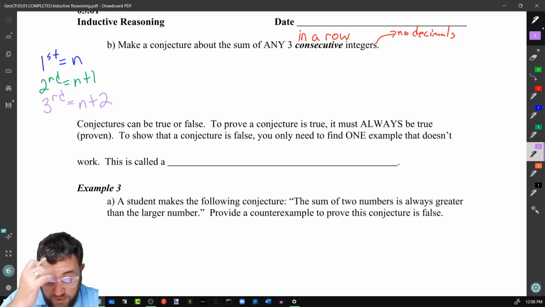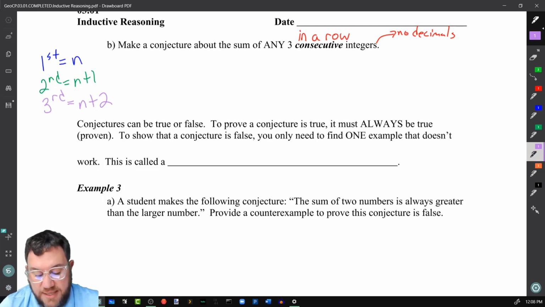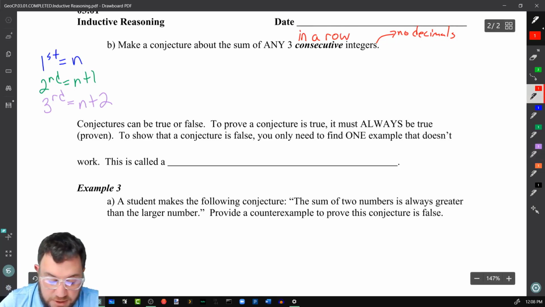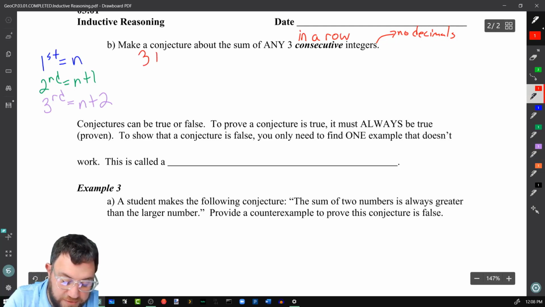So if we wanted to make a guess about these consecutive integers, let's pick some integers out. We've already mentioned 3, 4, and 5.